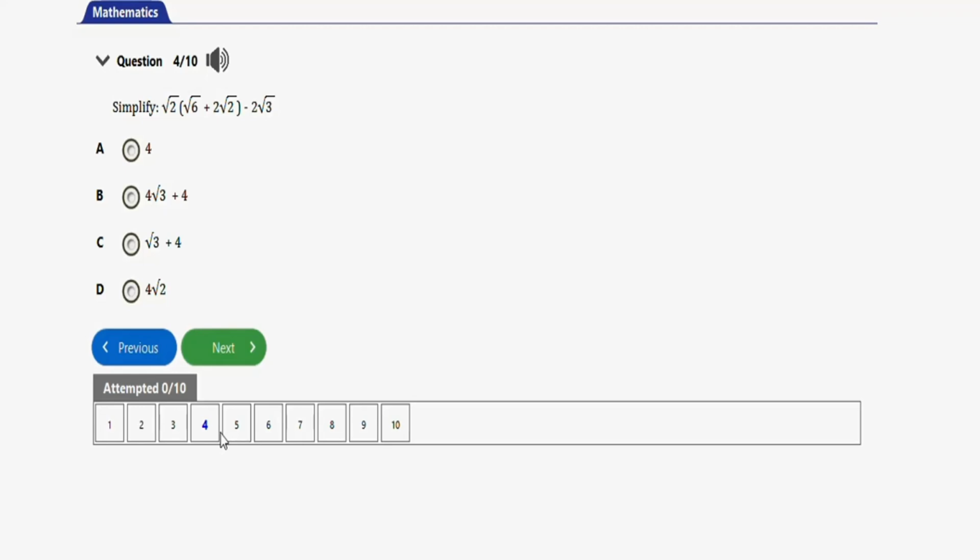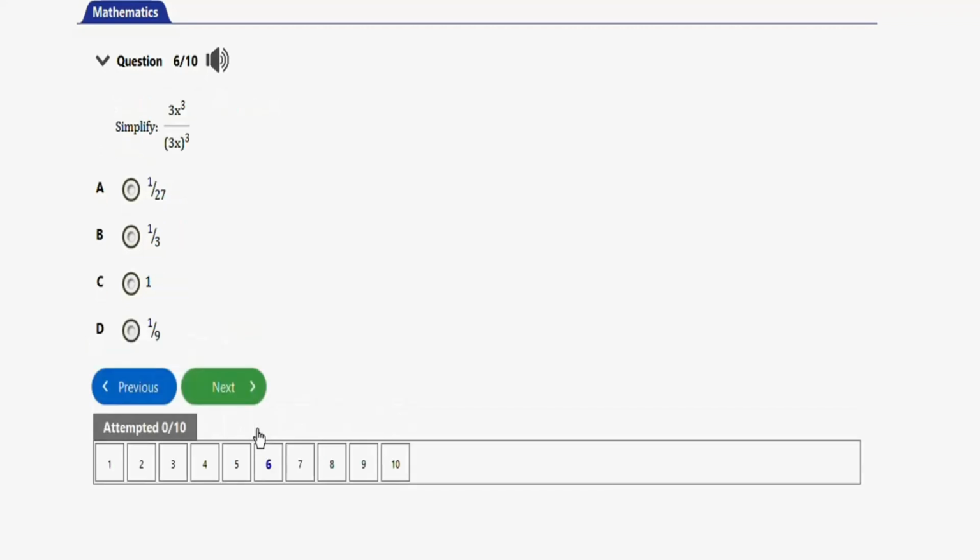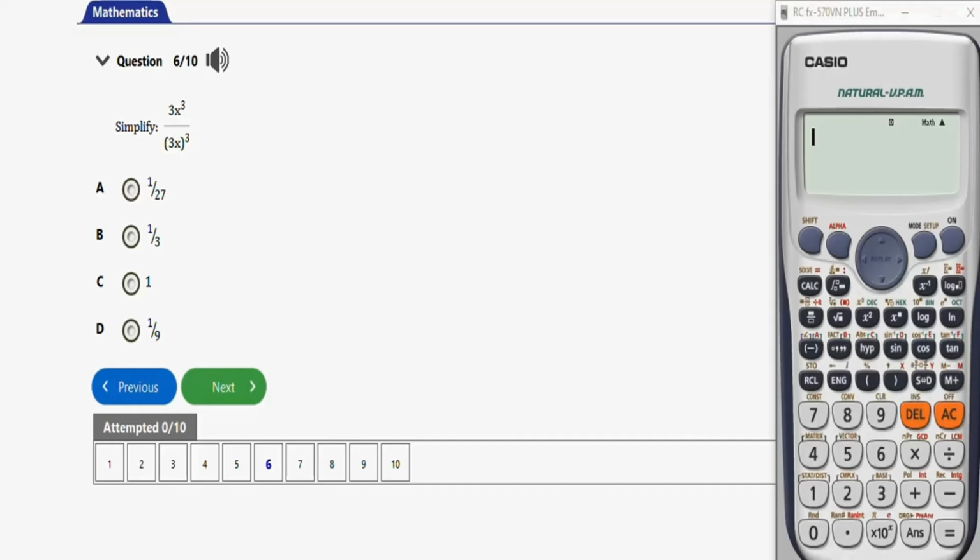So the next repeated question will be this one. It says simplify this. Let's bring the calculator. This is also simple. We are still making use of the 2 we stored as x. So we have in fraction 3x squared over, in brackets, 3x, close the bracket to the power 3.